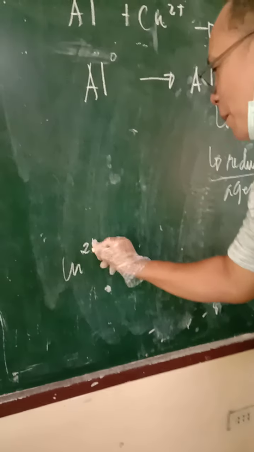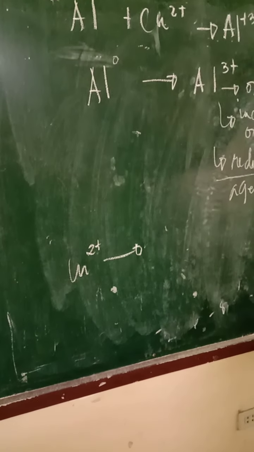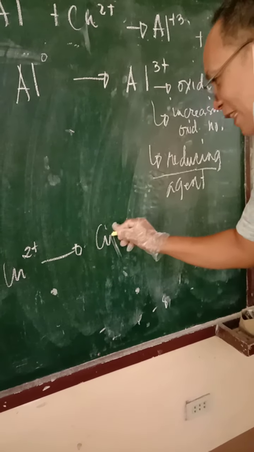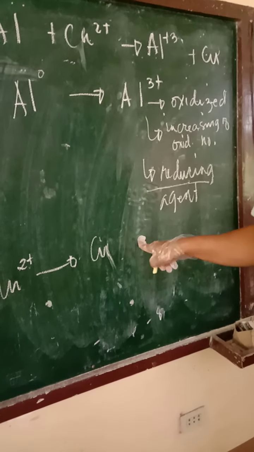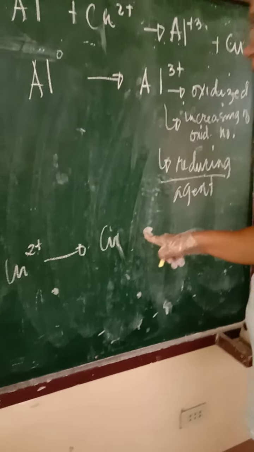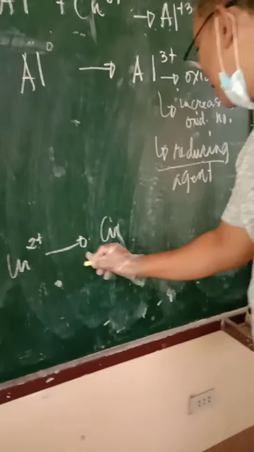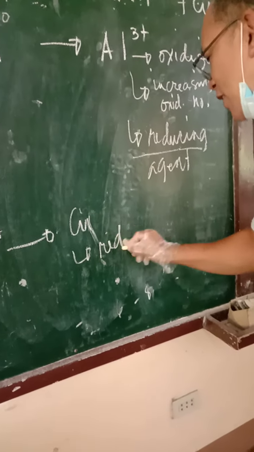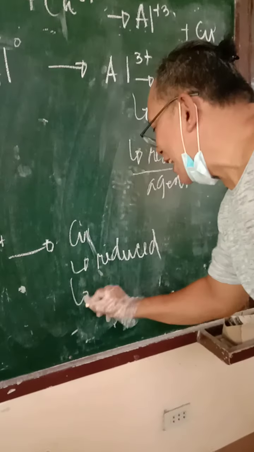Okay. For the case of copper positive 2, nahimo siyang 0. So, meaning to say, the oxidation number reduces. So, mo-reduce, mutawag na nato siyang reduced. Kung mo-reduce, it has an oxidizing agent.